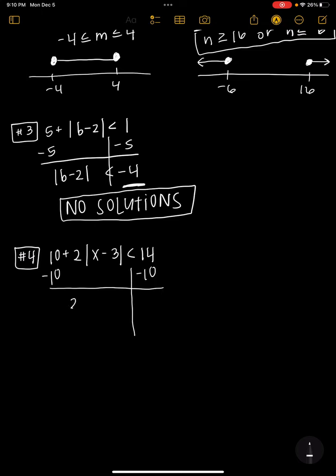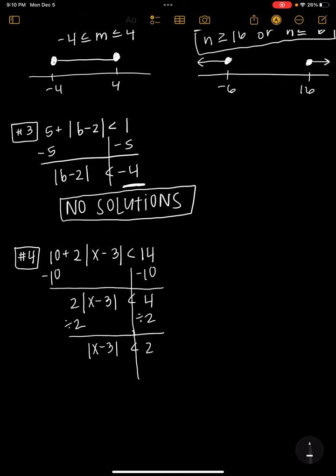So now I just have 2 times the absolute value of x minus 3 is less than 4. Now I still want to get rid of the 2 that's in front of the absolute values. It's multiplying, so we're going to get rid of it by dividing by 2. The 2's cancel out, and I'm just left with the absolute value of x minus 3 is less than 2.